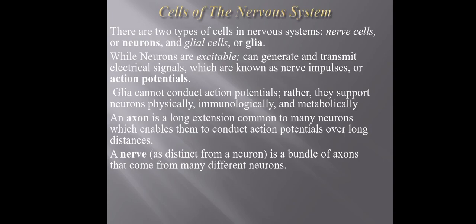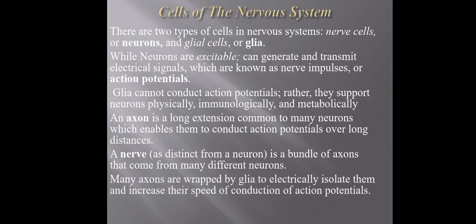A nerve is a bundle of axons that come from many neurons. When you have bundles of axons arranged together like wires, they make what we refer to as a nerve.